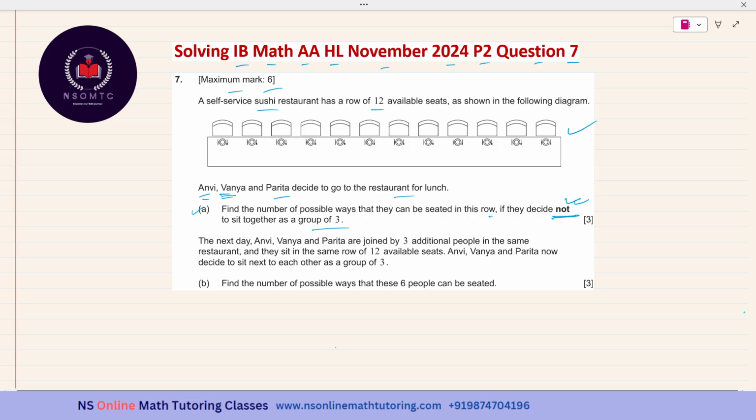That will give us the number of ways in which they are not sitting together. Because for not sitting together, A can be over here and V can be over here. A stands for Anvi and V for Vanya. They are not sitting together. And if instead of this seat, Vanya chooses this seat, for this case also, they are not sitting together.